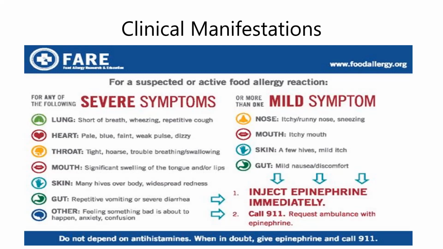Skin, many hives all over the body, widespread redness. The gut, repetitive vomiting and severe diarrhea. Other symptoms you can see are impending doom, feeling like something bad is about to happen, anxiety, and confusion. So this is a good slide to refer to for mild symptoms and severe symptoms.